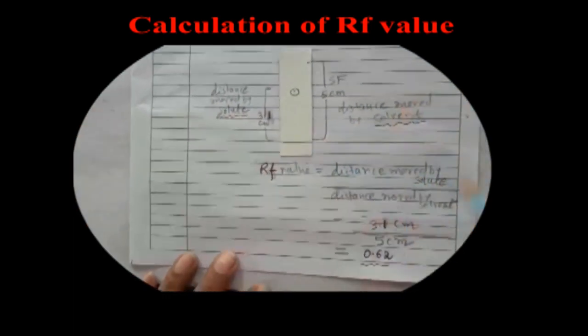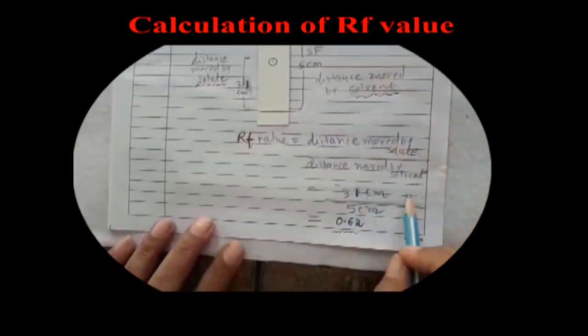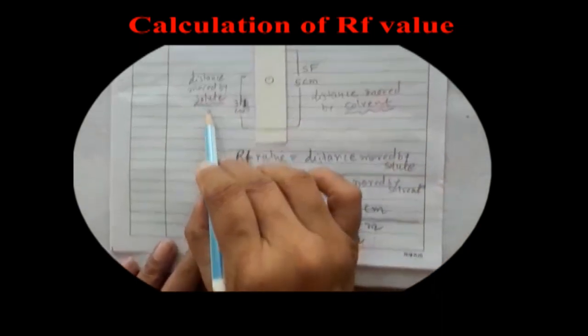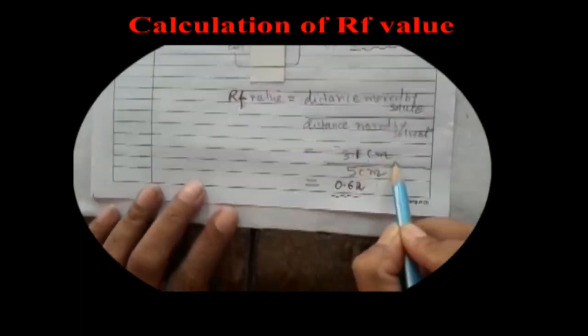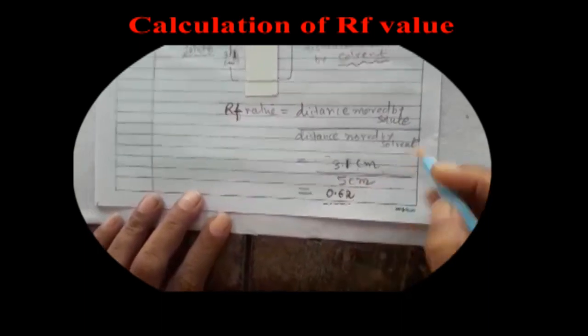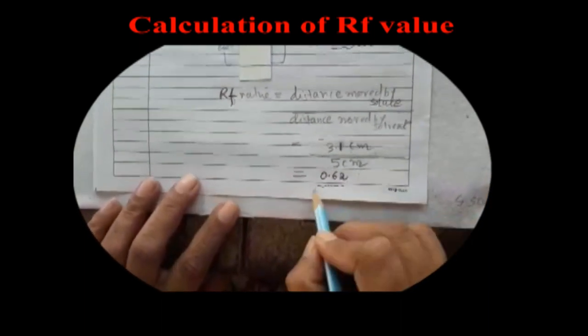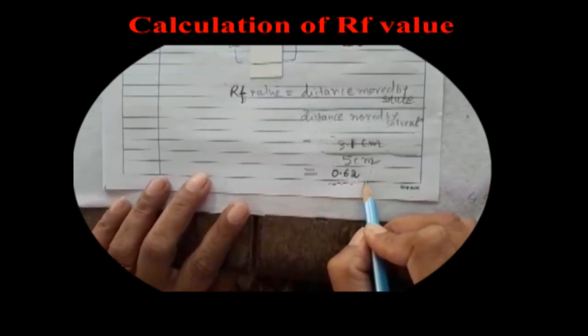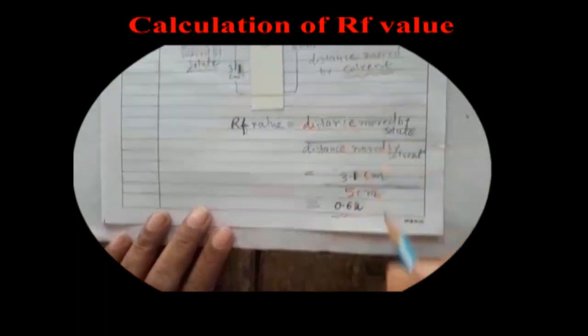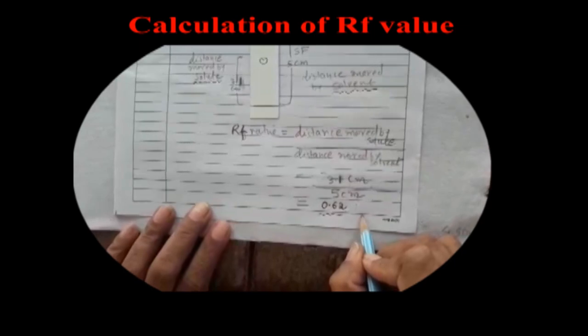So now our distance for solvent is 5 centimeter and distance for solute is 3.1 centimeter. We will take the ratio and the ratio results 0.62. So RF value of paracetamol is 0.62.